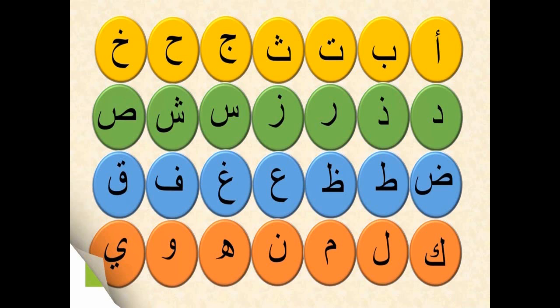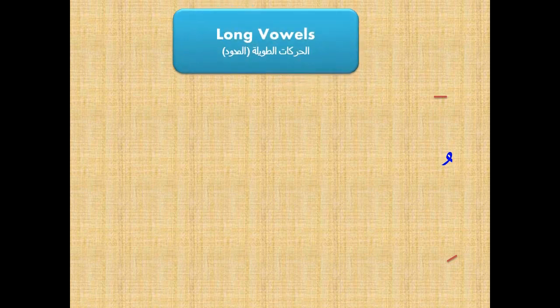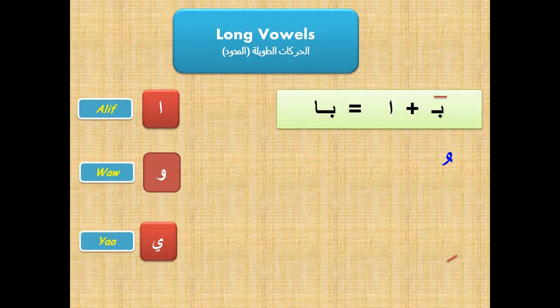Now let's move to discuss long vowels. If you can see, we have fatha, damma, and kasra on the screen. Now let's talk about long vowels. As I have just said, we have alif and waw, then we have ya. All right. So look at this example. The first one, we have ba. Above this letter, we have fatha. So ba. If you add plus alif, we say baa.